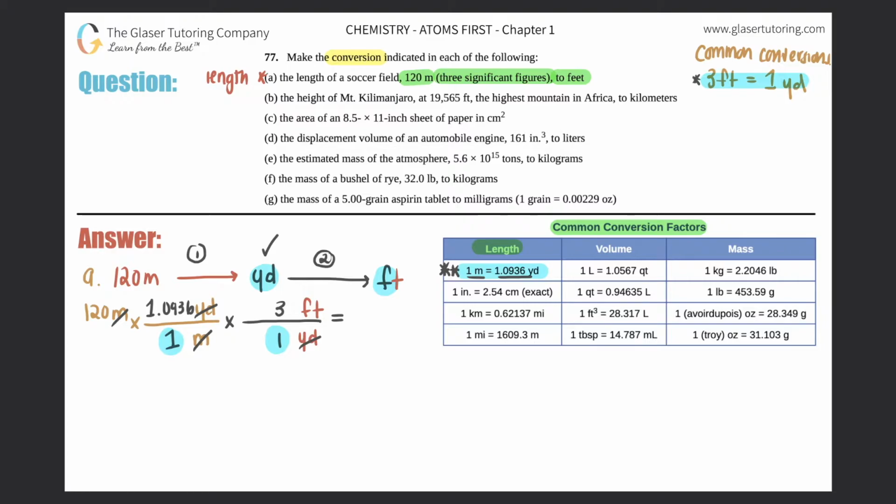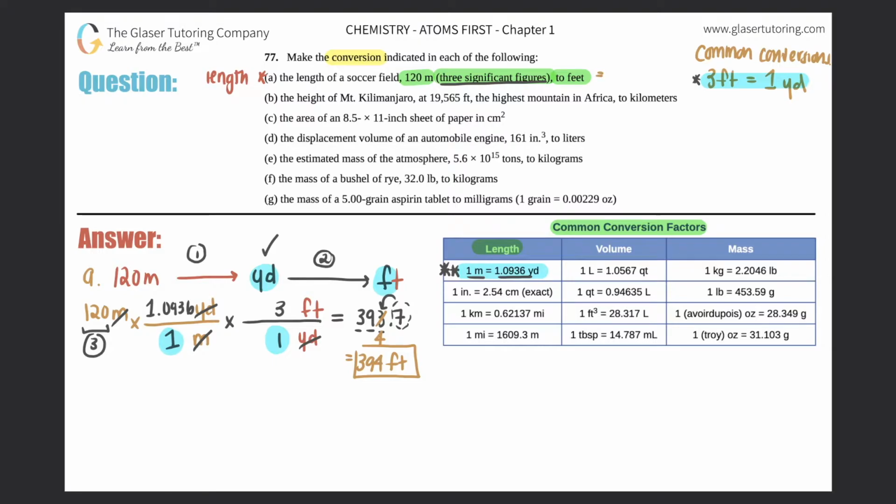And I get 393.7. And they told me that it's 3 sig figs. So my answer has to be 3 sig figs. So the 3, 9, and the 3. The 7 will round the 3 up to a 4. So this is really 394 feet. And that's your first answer.